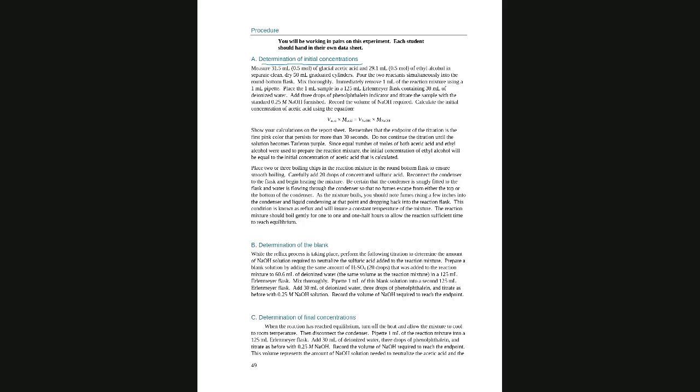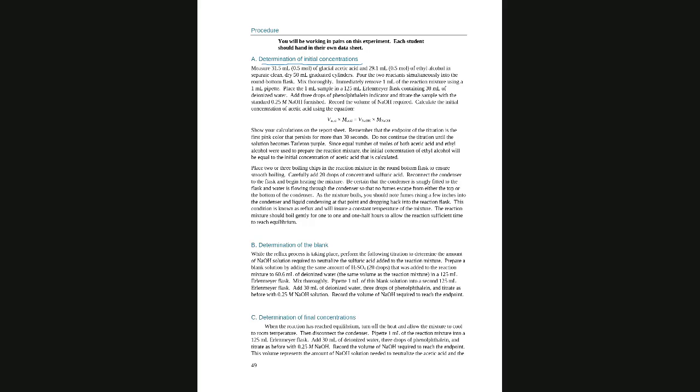So we are going to transfer 1 ml of this mixture, and you can read all the details, add some DI water, add phenolphthalein, and then you will titrate with 0.25 molar sodium hydroxide and record the volume of sodium hydroxide. And we said that we have to reach that pink color that doesn't disappear for at least 30 seconds.